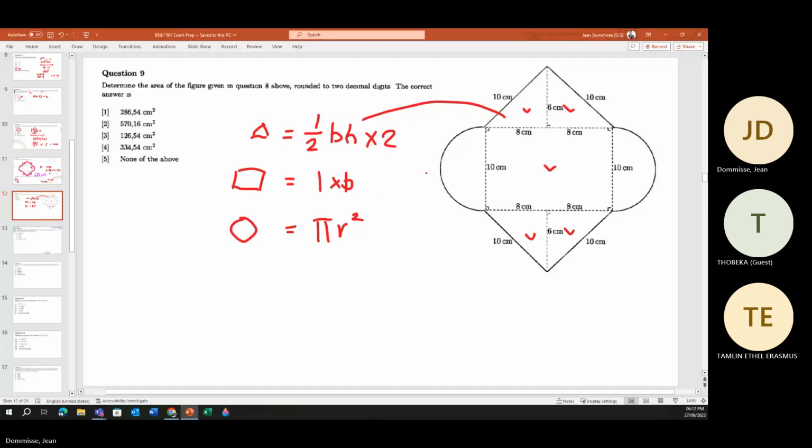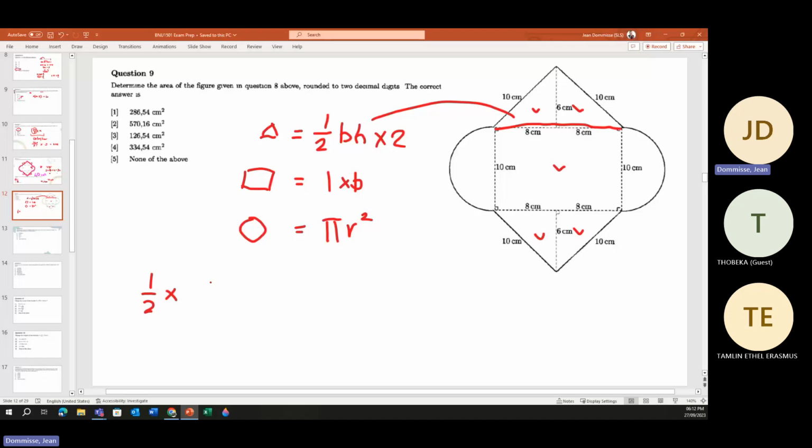So let's quickly see for the triangle. We say half times base. So half times base is, 8 plus 8 is 16. And the height, that is where the 90 degrees height is, 6. And it's exactly the same on this side as we said. So we can just multiply that by 2.